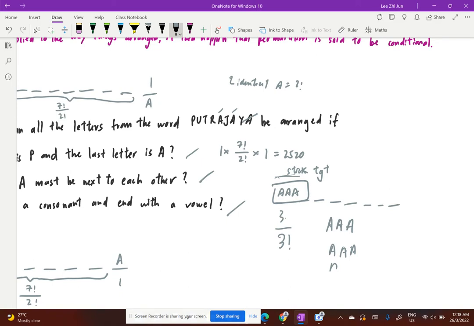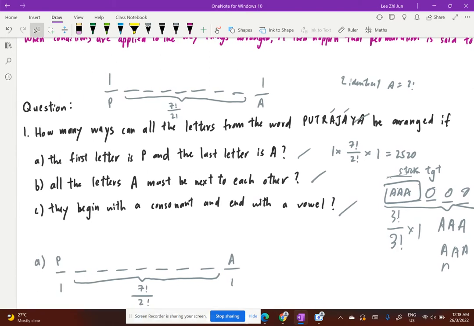If you calculate it as 3 factorial divided by 3 factorial, it equals 1, so you need not write it. You just use these 7 columns, and the 3 A's block can be here, or here, or here. So there are 7 columns, so it will be 5040.